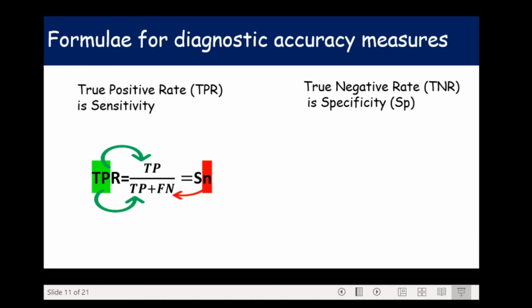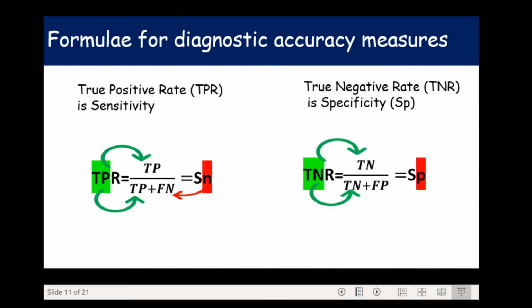Similarly, for specificity, it is a true negative rate. Hence, true negative in both numerator as well as denominator. And from the P of specificity, remember false positive to be there in the denominator as well.